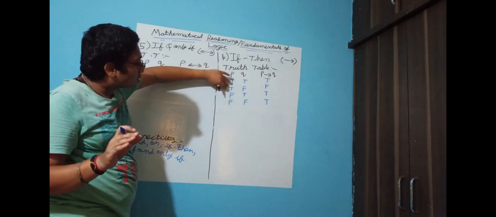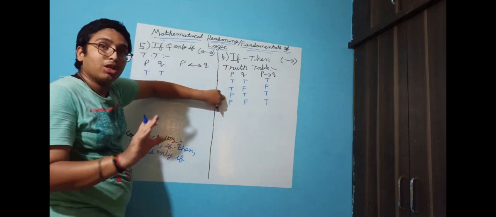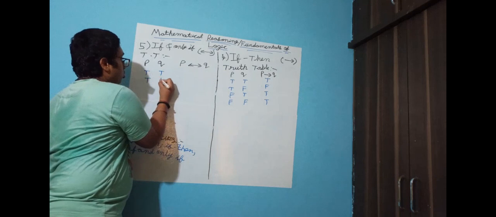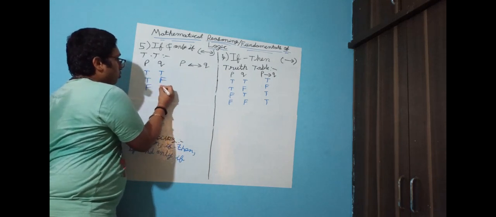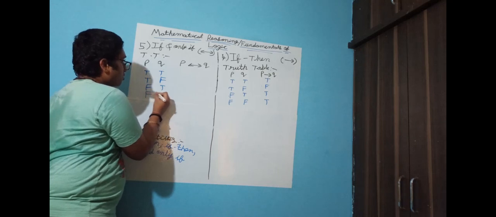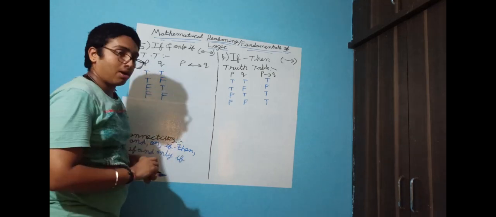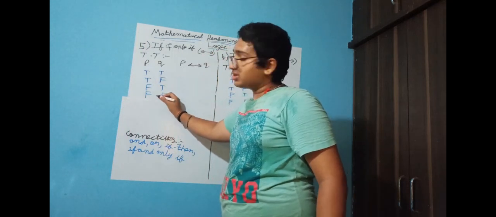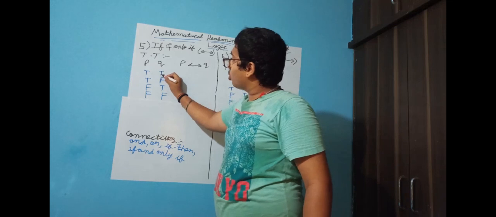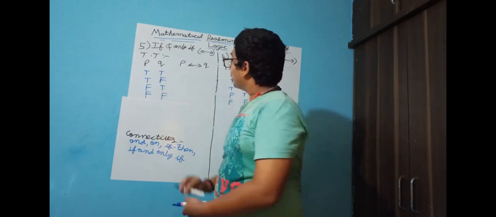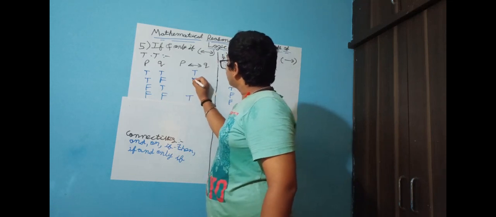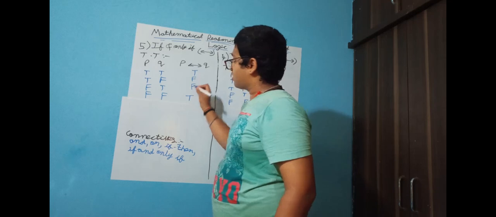Truth values means only true and false values are going to be present in this table. True true, true false, false true, false false. When both statements are similar, either both true or both false, then only the result is going to be true, and false in the remaining cases.